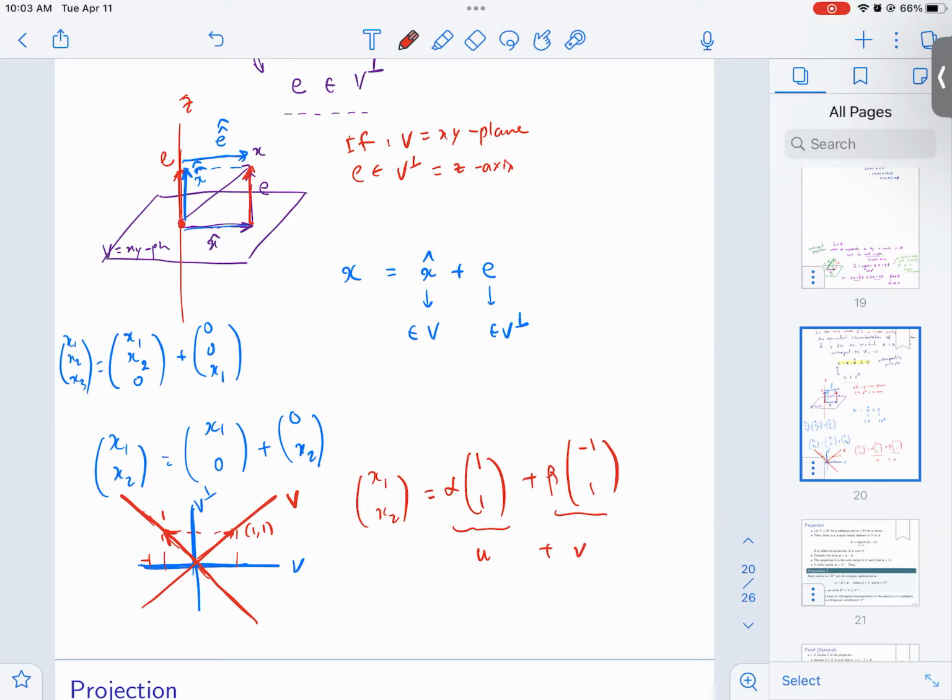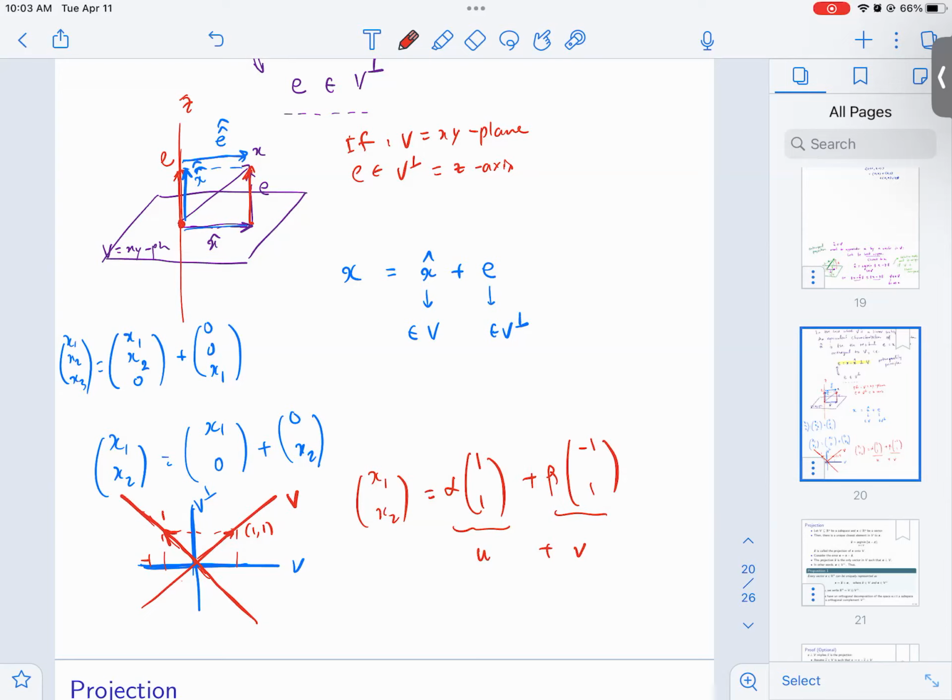Every vector can be written as the sum of two elements, one from this space, the other from that space, and this would be the projection of this onto that space. The other component would be the projection onto the other orthogonal complement.